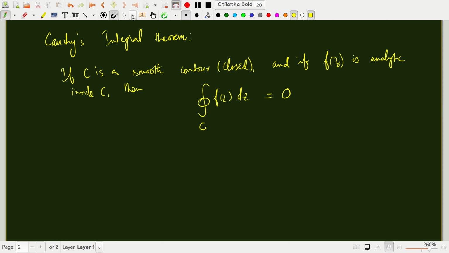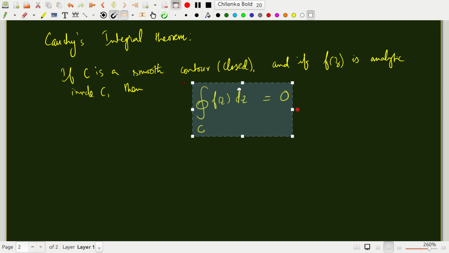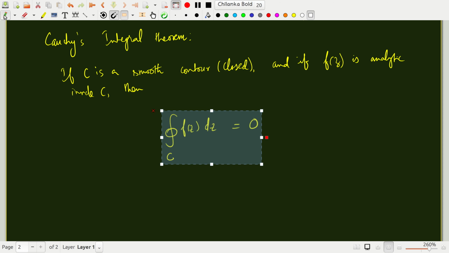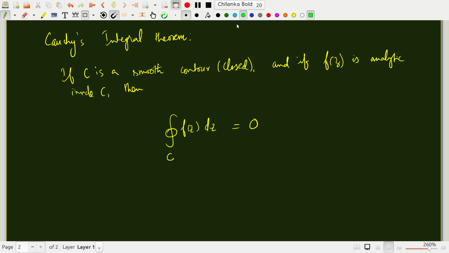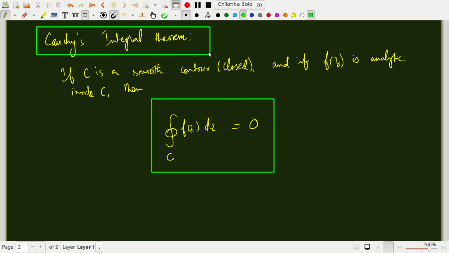This is a very, very important result. I cannot overstress the importance of this result in terms of its applications. Let me box this for you. This is called Cauchy's integral theorem. This is something that we will use very frequently.